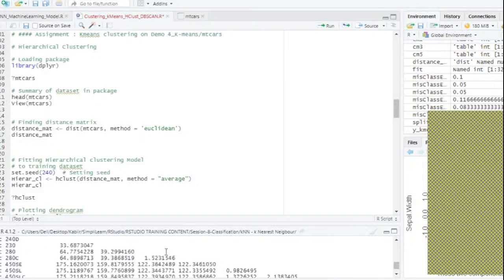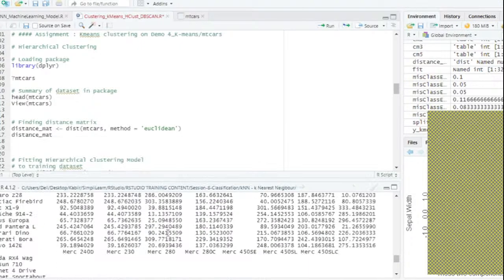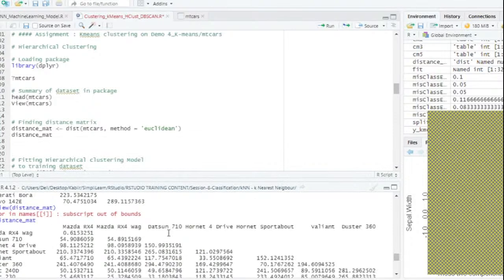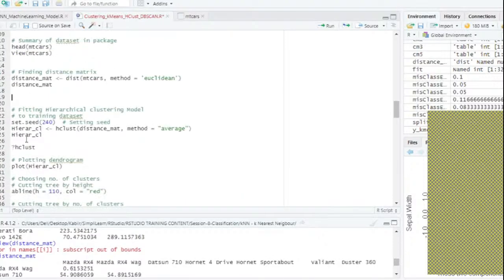So this is showing you the distance between different cars. Then set the seed, and hclust is the command for creating a cluster using hierarchical clustering.